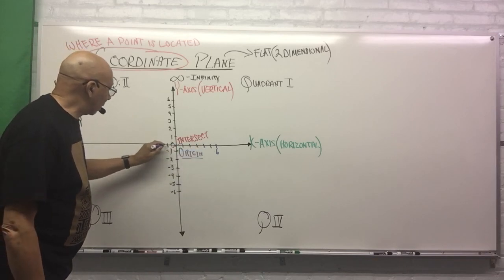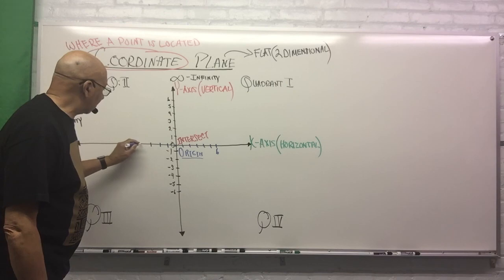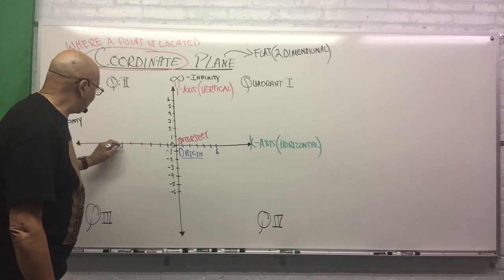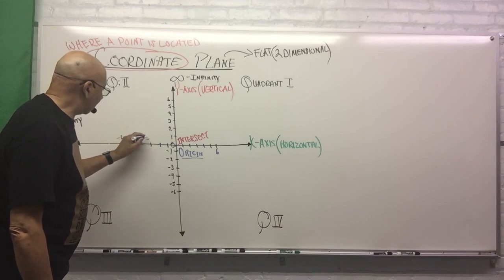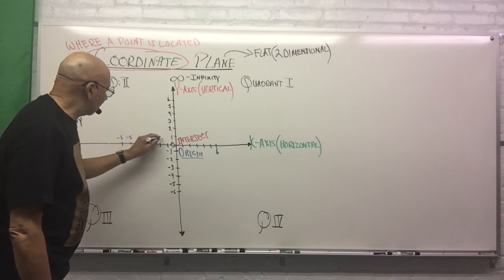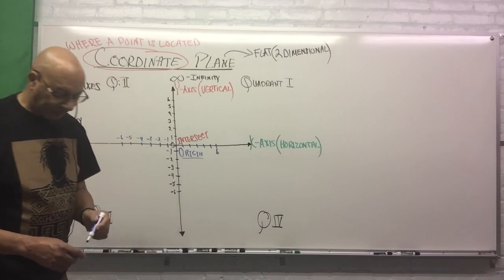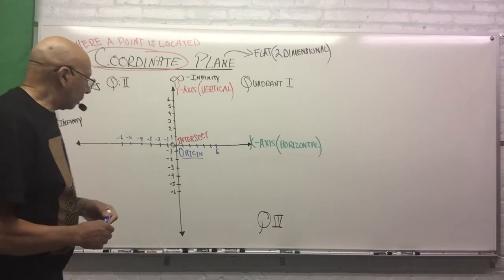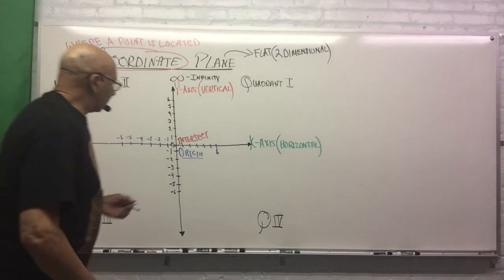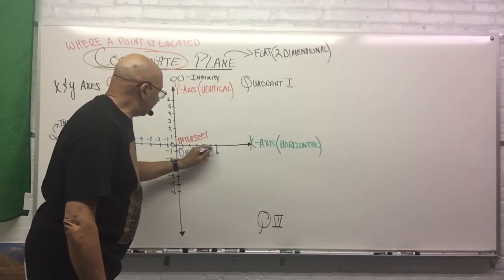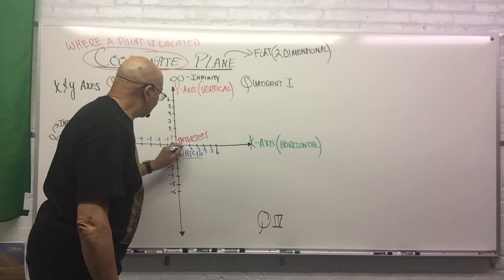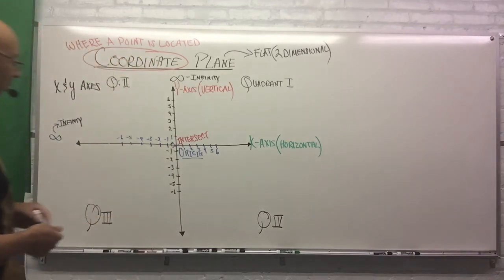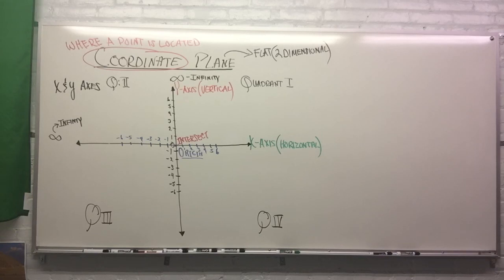And this way is negative 1, negative 2, negative 3, negative 4, negative 5, negative 6, and 0. So I probably should just go ahead and put this 5 here. 4, 3, 2, 1. So you can stop the video and expand it if you don't see it that clearly.